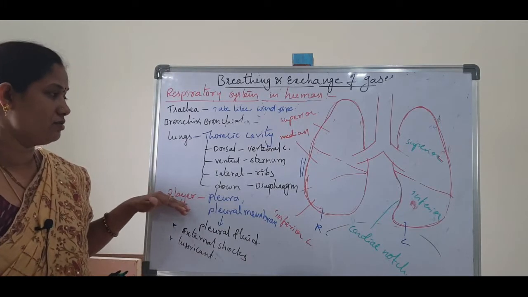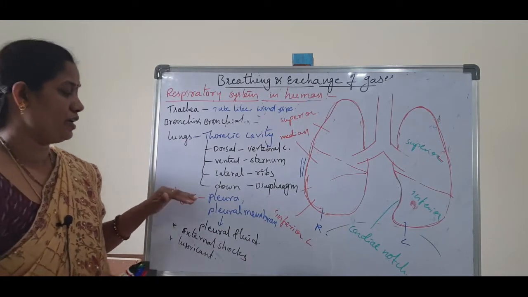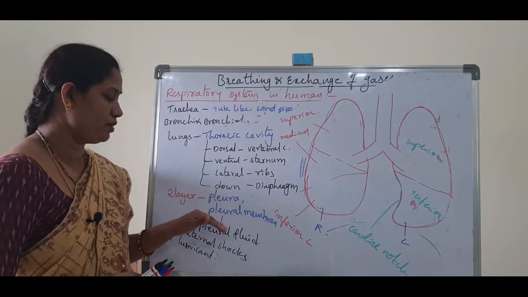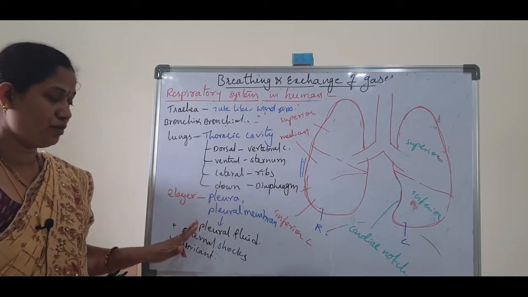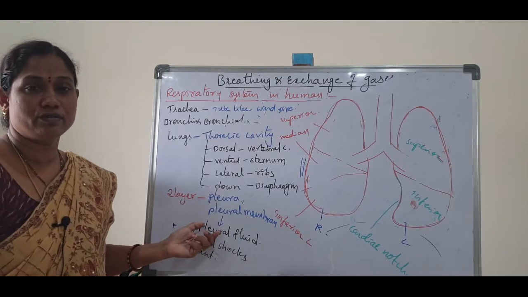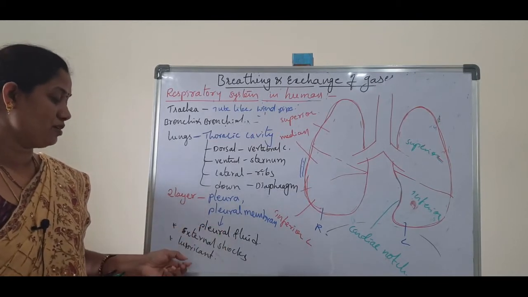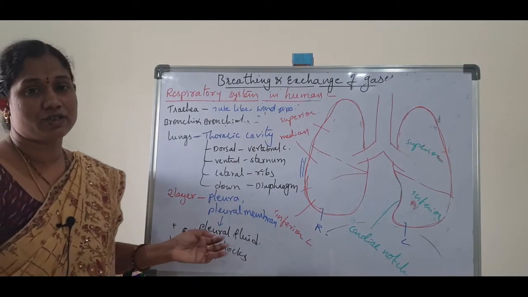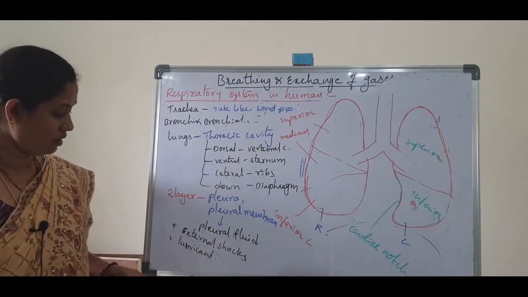Each lung is covered by a two-layered membrane called the pleura. In between the two layers, pleural fluid is present, which helps prevent external shocks and also acts as a lubricant.